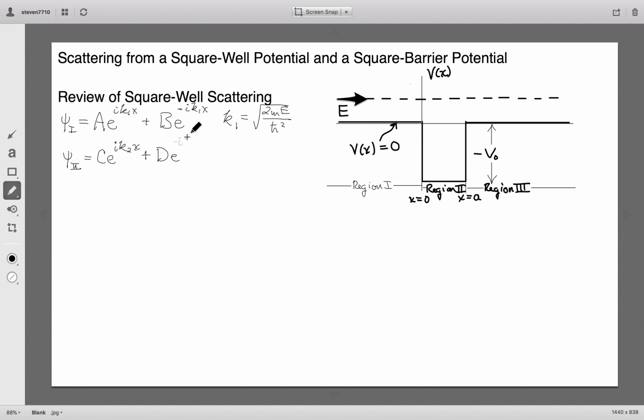Minus i k2 x. Here k2 is the square root of 2m (E plus V0) over h bar squared.